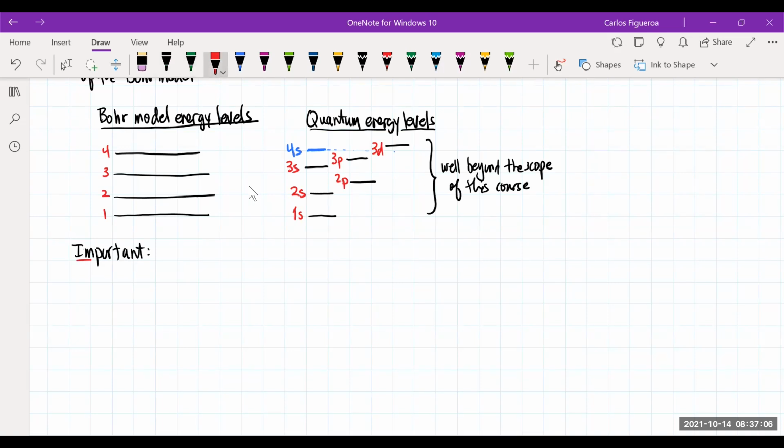Right, so this is important. And this is what we know. This is what quantum mechanics tells us.